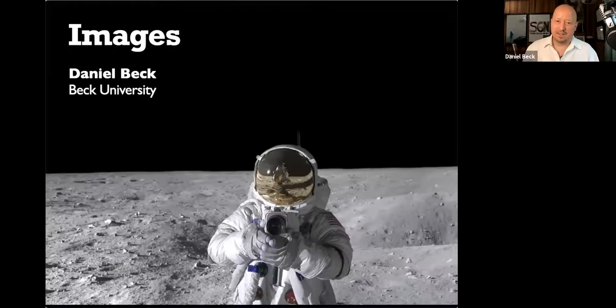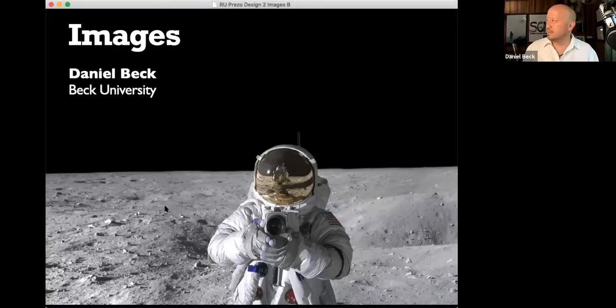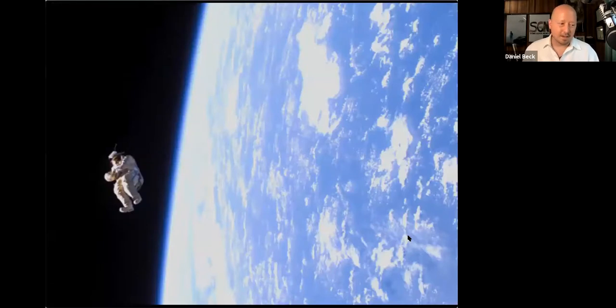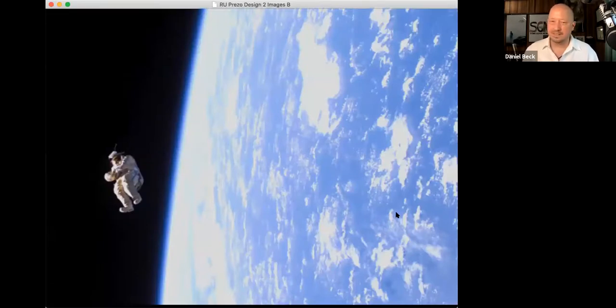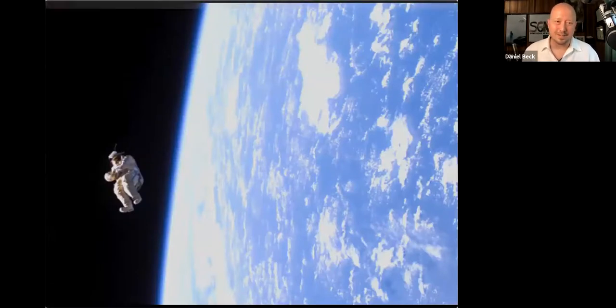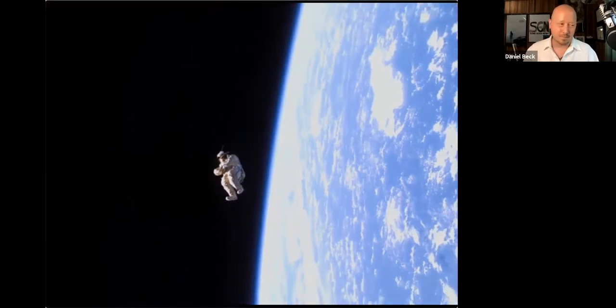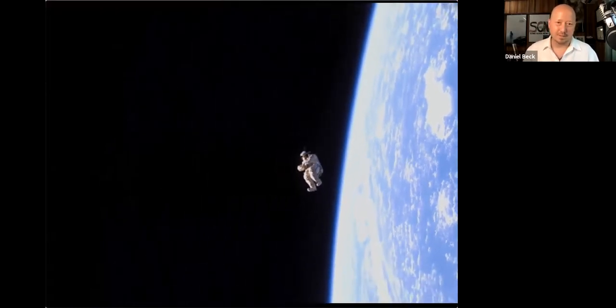I don't know how many of these we're going to get to, but let's just do images real quick. Mark did talk about the importance of images, big images, and we can talk a little bit about that. Here we have a slide from NASA. It's pretty good. What do you think is more effective, this one or this one?